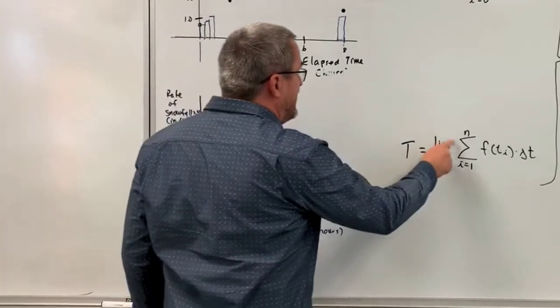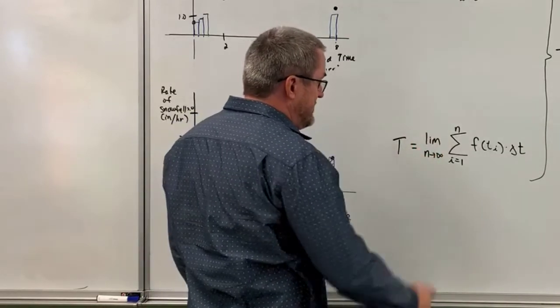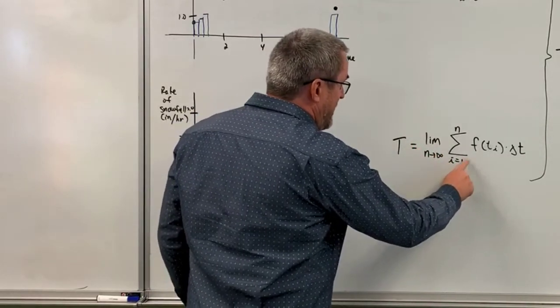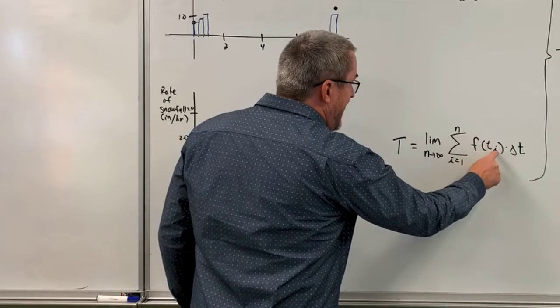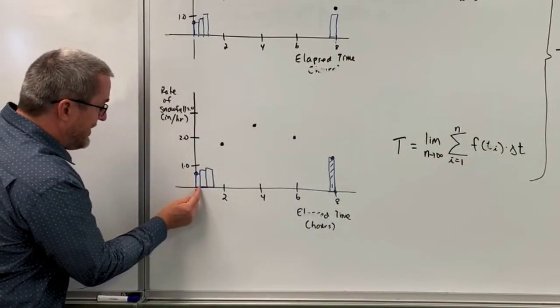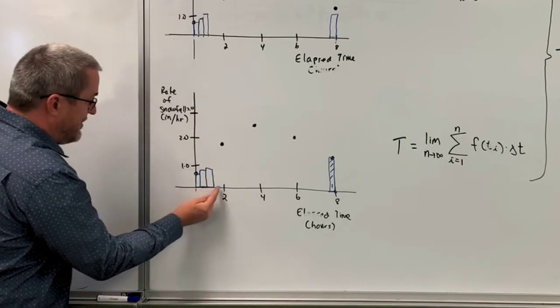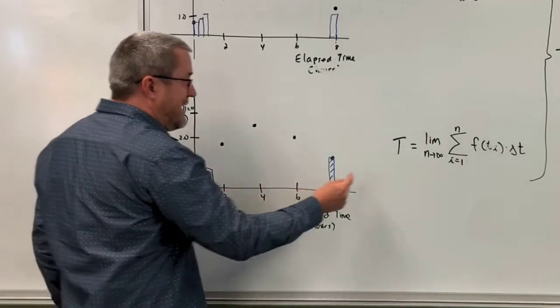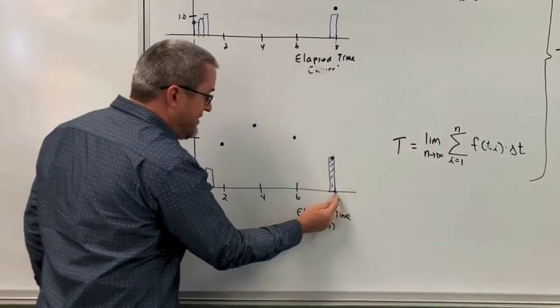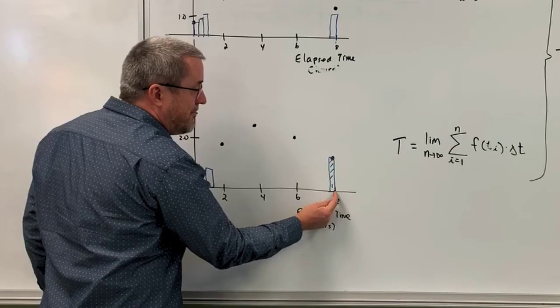So in this case, again, infinitely many rectangles, so we're going to take the limit as n goes to infinity, but now i starts at 1. Notice t sub i, t sub 1. Rather than starting here at 0, we're going to start at that first time increment. And then the second, the third, the fourth, the fifth, the sixth, the seventh, we're going to keep counting until we actually get to that last one, the nth one, at the 8-hour mark.